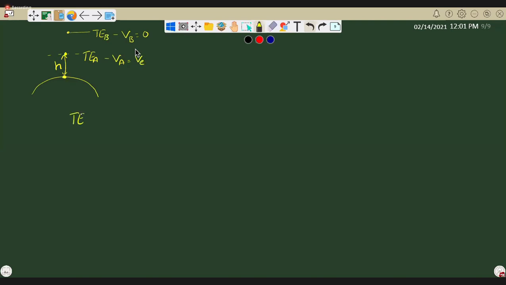So total energy at A should be equal to total energy at B. So potential energy at A plus kinetic energy at A should be equal to potential energy at B plus kinetic energy at B. Your kinetic energy at B goes to 0, potential energy at B goes to 0. You understood the concept why it is going to zero? Yes, sir. At this point, Earth does not have any say on its body now.